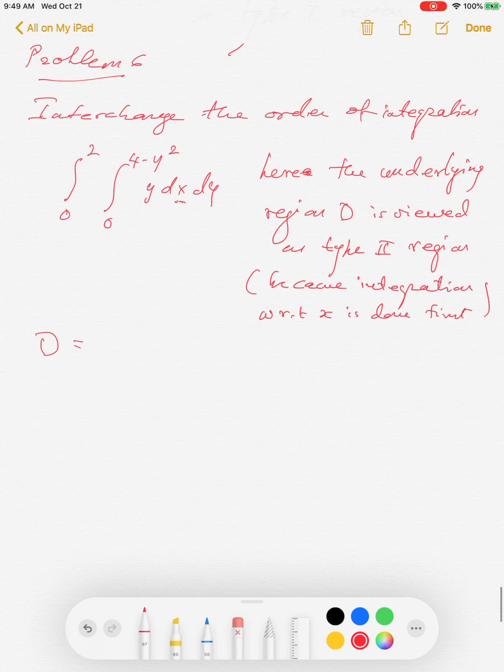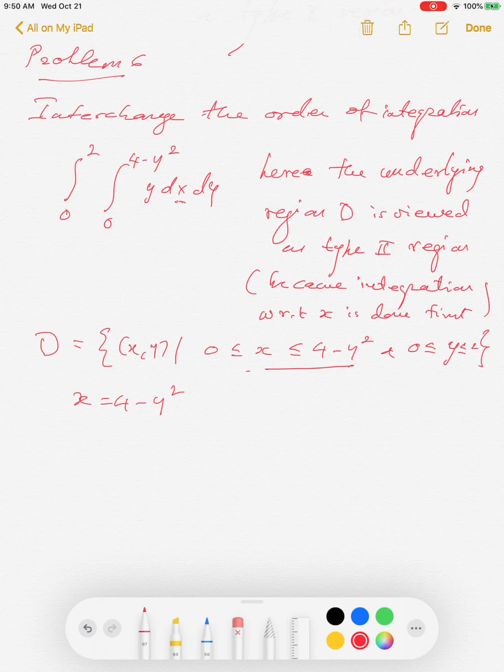So first draw a picture of the region D. So D is going to be all (x, y) such that x is lying between 0 and 4 minus y square and y is lying between 0 and 2. So you have to draw the curve x equal to 4 minus y square. x equal to minus y square is a parabola which opens sideways. x equal to y square opens like this. x equal to minus y square is like this, right?